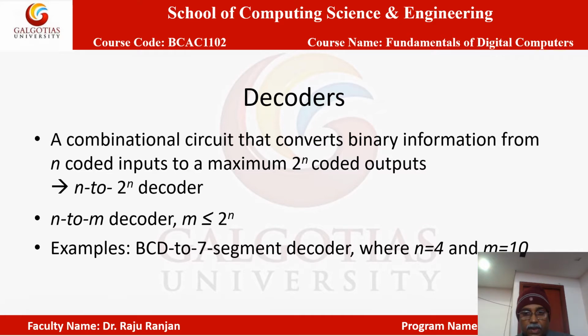So in BCD there are 10 different symbols 0 to 9, which means m is equal to 10, and to represent these 10 we need n is equal to 4. Each of these 10 different digits is represented by a 4-bit binary number.